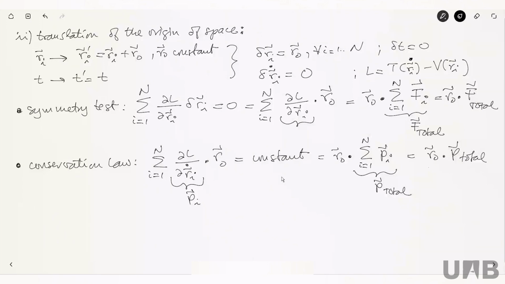But in this case, we can derive a more precise theorem, which says that if the total force in a certain direction vanishes, then the total linear momentum in the same direction is constant. All right? So that's a result.